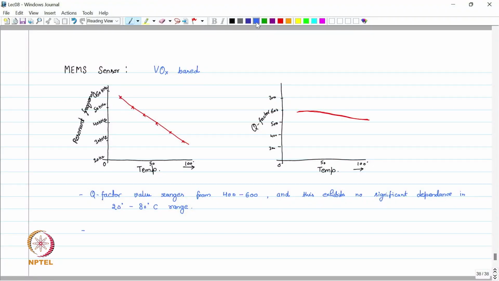The next point is there is a linear shift in the resonant frequency with the temperature.